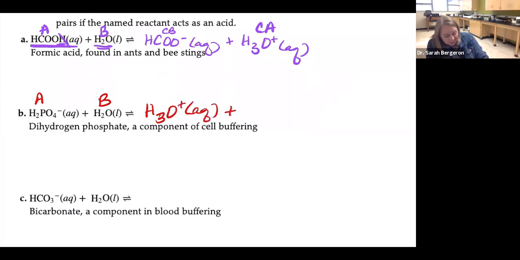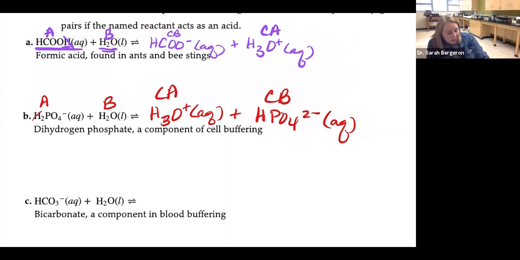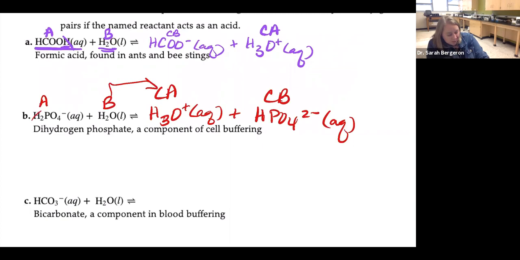Now my acid is the one that's going to lose a hydrogen, but only one. That's gonna be HPO4 2 minus. So this is going to be my conjugate base. Did I write this? Conjugate acid, right? So you have a base and a conjugate acid, and you have an acid and a conjugate base, okay?